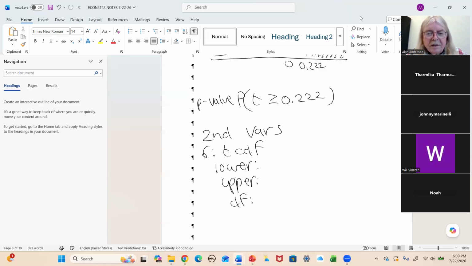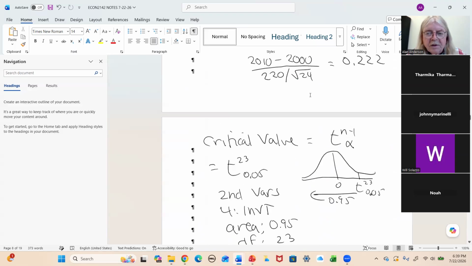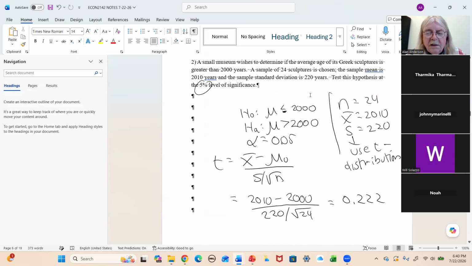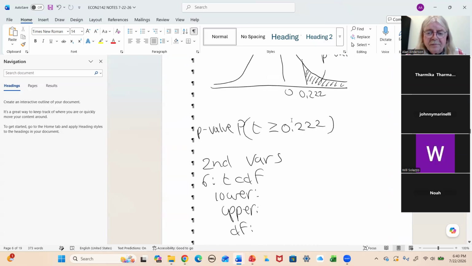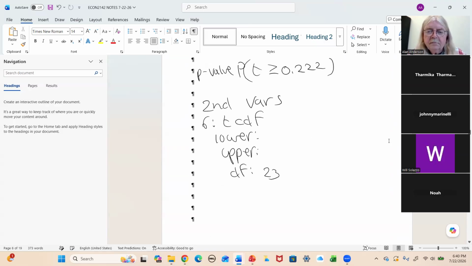So remember, the sample size for the statues is 24. So there's 23 degrees of freedom. Okay, anything in that region means we would reject the null.